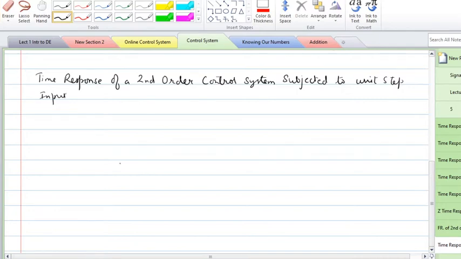So in this case, your C(s) is equal to R(s) multiplied by omega n square divided by s square plus 2 zeta omega n s plus omega n square.